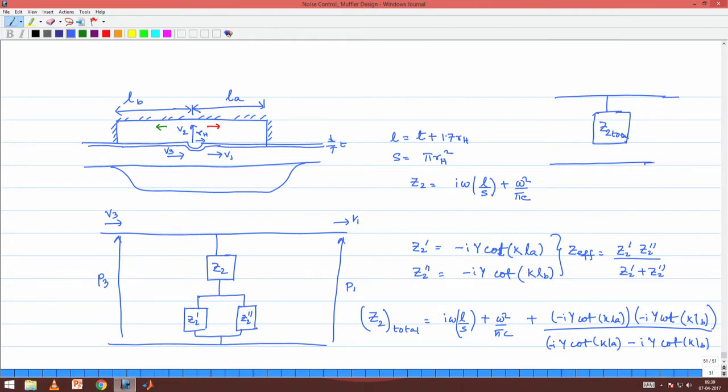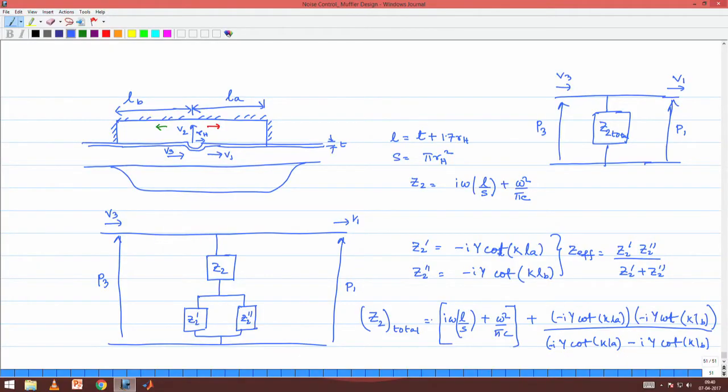And with that you are again creating a bypass line which is supposed to lead to a bifurcation of the current and thereby increase your velocity ratio and lead to a maximum insertion loss in this situation. Okay. Now, what is the effect if I add multiple holes at the same location?